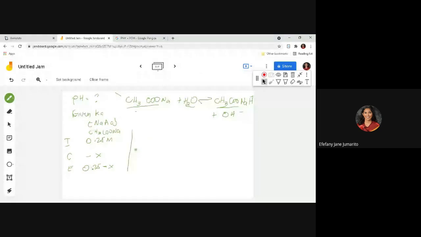Then, we will have also, okay, so we have the, what about the concentration of your sodium acetate? What about the concentration of this one?